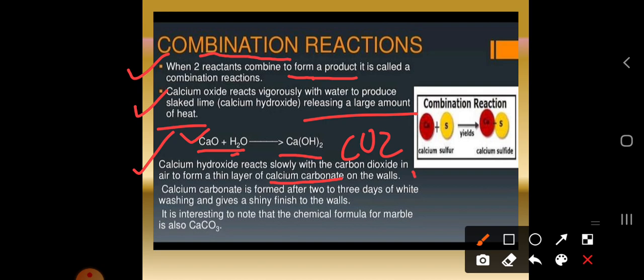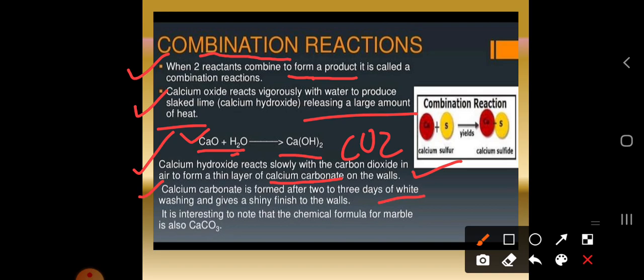carbonate on the walls. On the walls you can observe, by the reaction of carbon dioxide present in the atmosphere, a thin layer of calcium carbonate. Next, this same calcium carbonate is formed after 2 to 3 days of whitewashing.